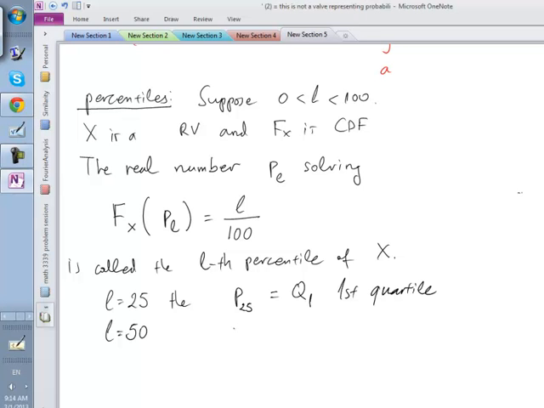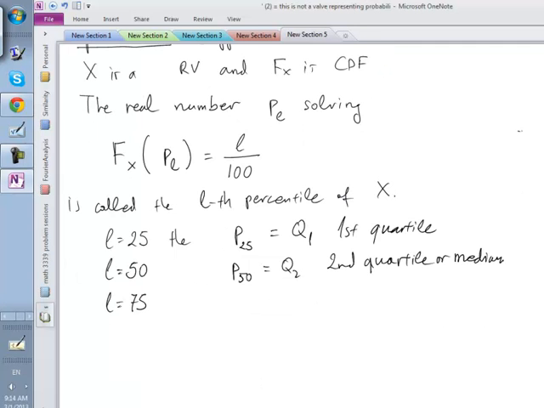For L equal to 50, this number is called Q2, and it's called either the second quartile or the median. And when L is equal to 75, this number is called the third quartile.